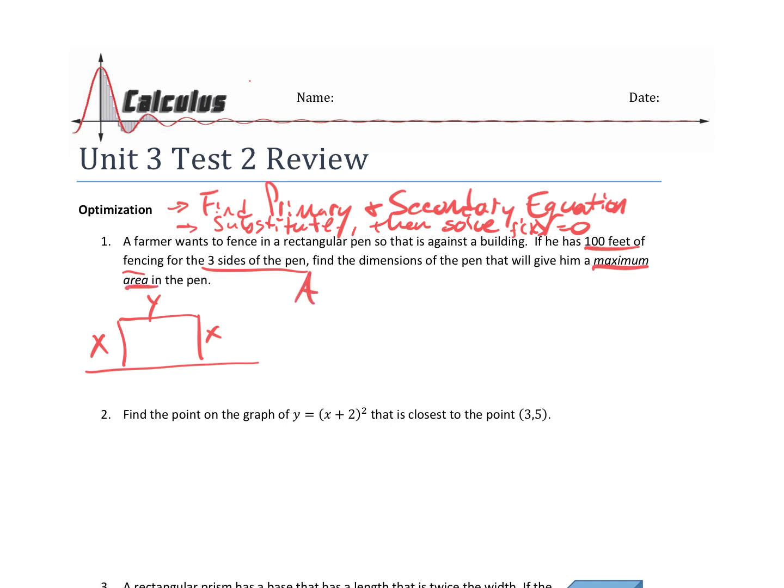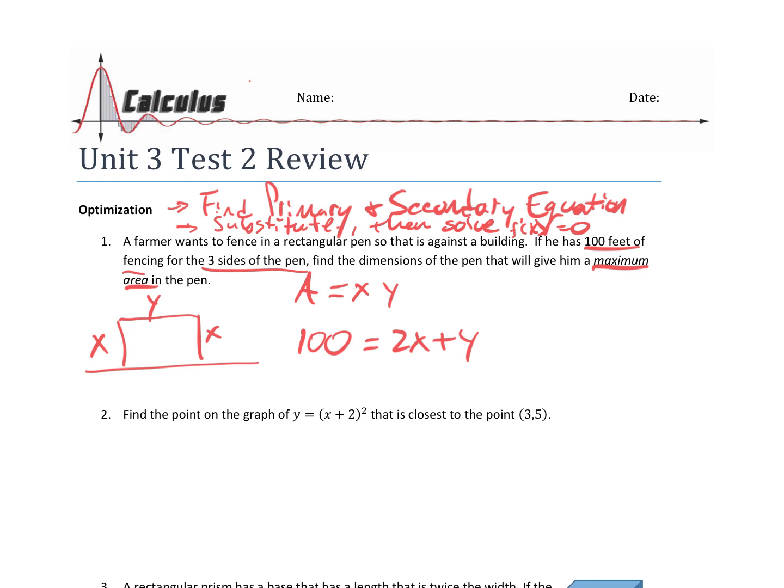So we need our primary equation, the thing we're trying to maximize. That's area equals x times y. And then we need something that relates x and y. That would be the perimeter equation: 100 has to be 2x plus y. The whole idea is we want to take the derivative here, but we have 2 variables, and we can't do much with the derivative if we have 2 variables.